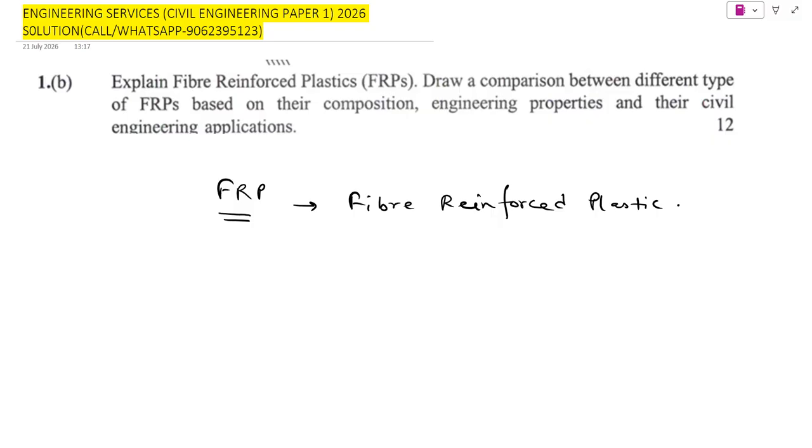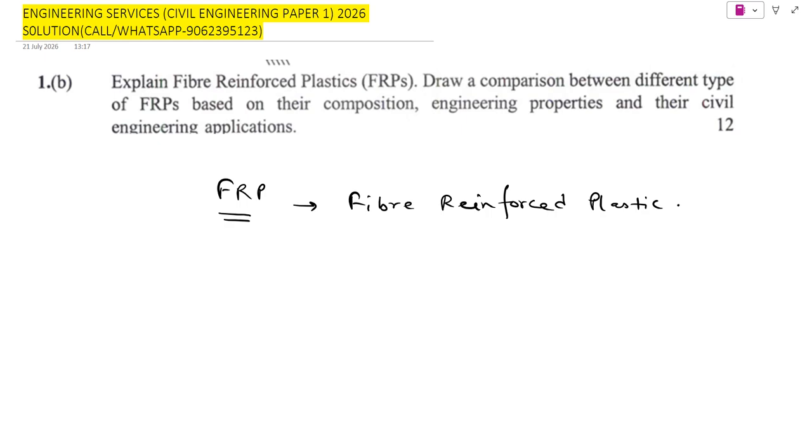Fiber reinforced plastic is a composite material consisting of a polymer matrix and high strength reinforcing fibers. The fibers provide strength and stiffness, while the polymer matrix binds the fibers together and transfers the load between them. Now think of reinforced concrete.